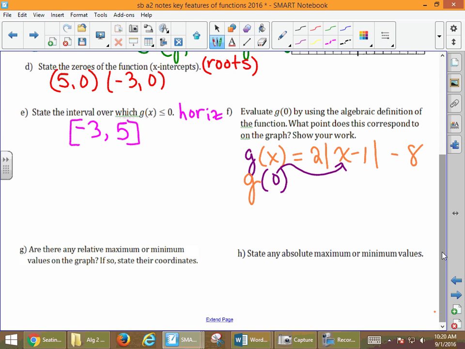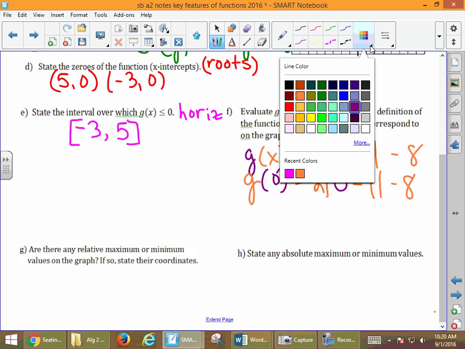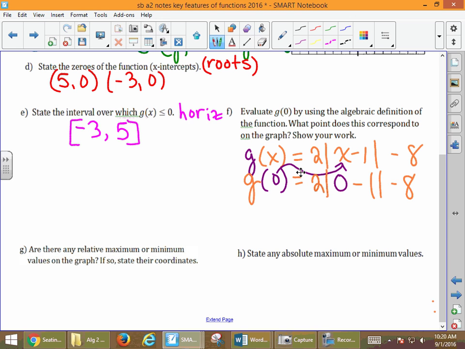So when we come over here, we've got 2 times the absolute value of 0 minus 1, minus 8. Again, we took our value, we're putting it into the function. It's an input. And now we're going to solve this equation to figure out what we're going to get out of it. So we're going to simplify. Inside our absolute value bars first, it's going to be 2. 0 minus 1 is negative 1, minus 8.